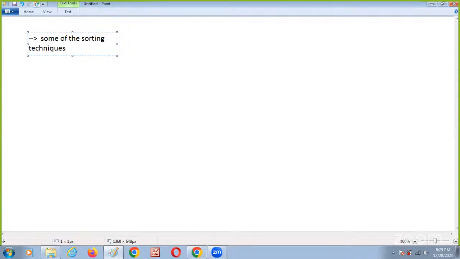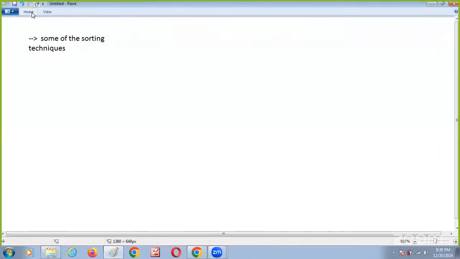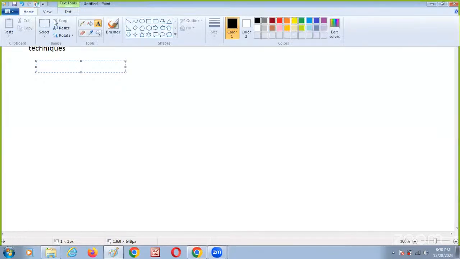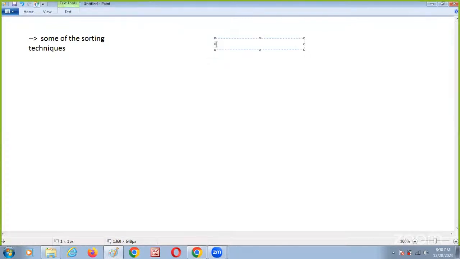And in the previous class, we have seen some searching techniques. Now we have sorting techniques. There is again some more category, and they can ask some sorting techniques. And one more category of problems will be problem solving. So we need to solve the problems, right?